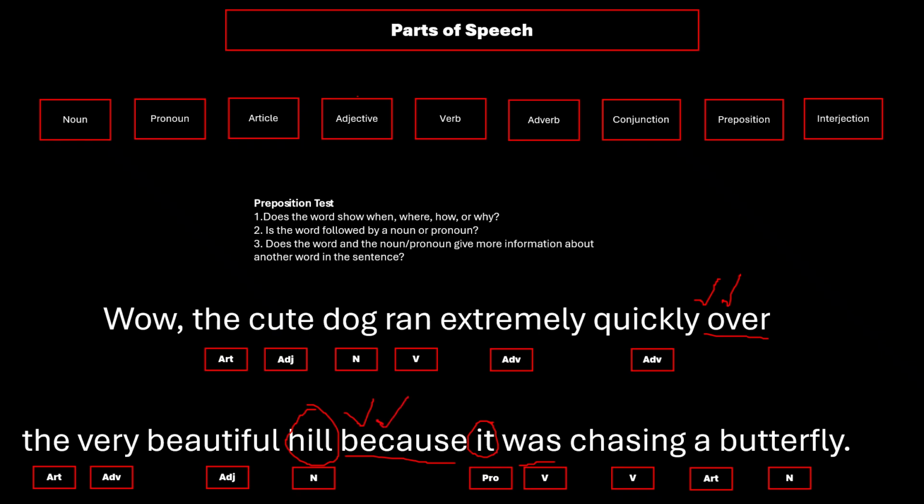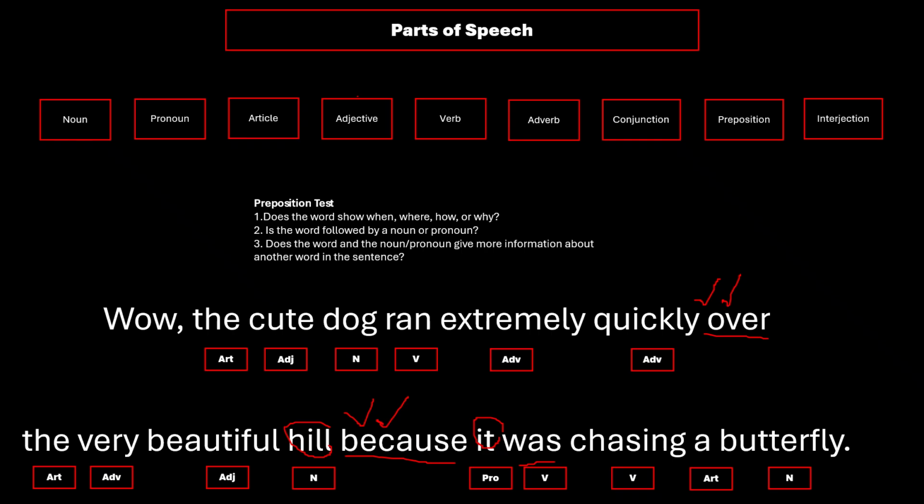Now the third test is, I think, the most important test. If it passed the test, this would be, does the word, I say the word, that's the chosen word, over or because, and the noun or pronoun, this one, give more information about another word in the sentence?